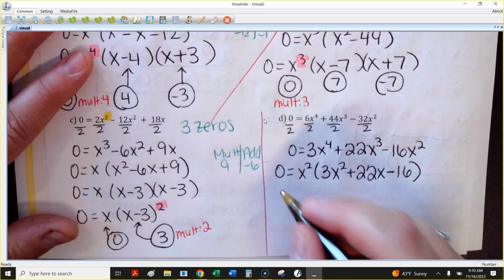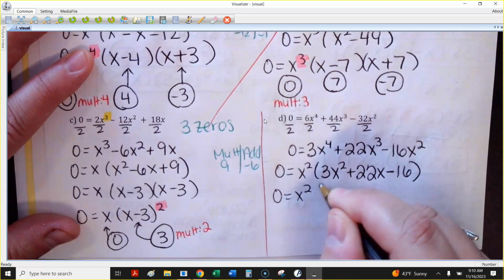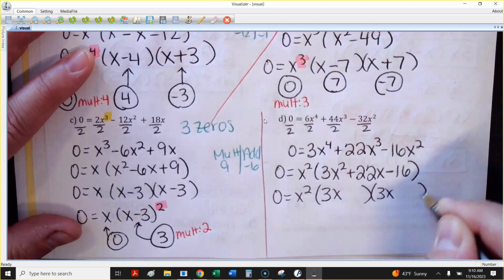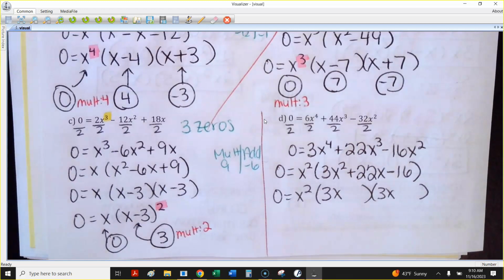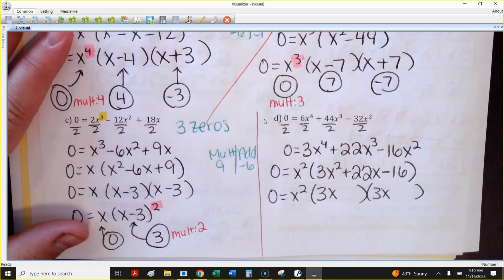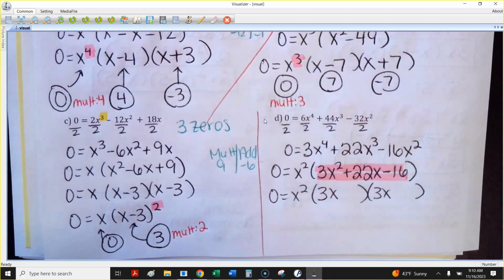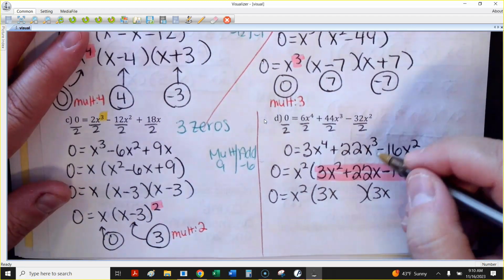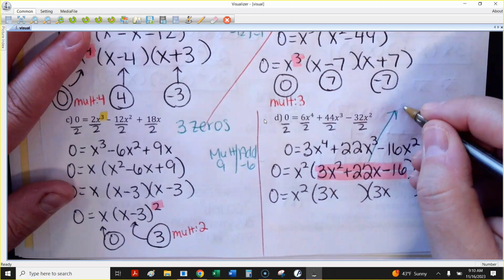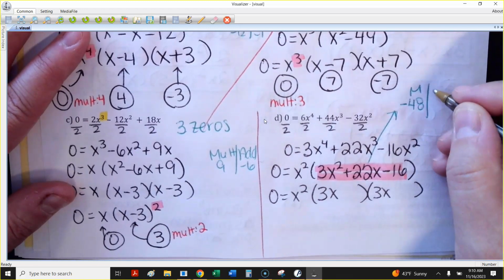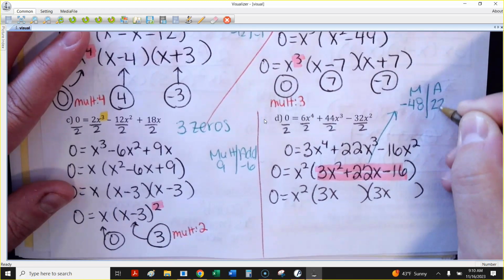So I'm going to factor, and at the beginning of each of my factors, I'm just going to drop the squared, and I'm going to put a 3x on this one because it started with 3x squared. If I'm factoring this, we are going to multiply a times c. So 3 times, sorry, negative 16 would be negative 48. So I got to multiply to get negative 48 and add to get 22.